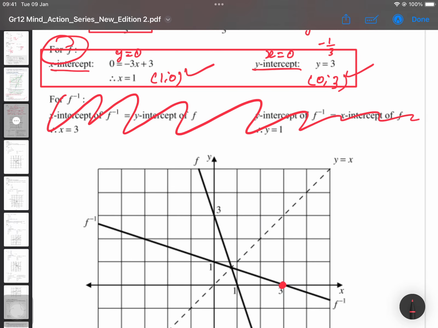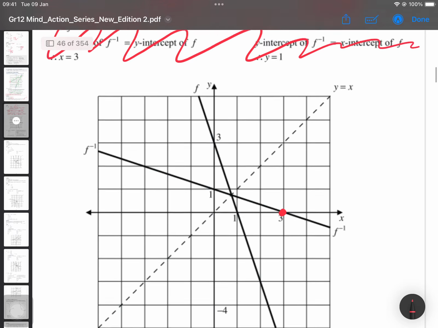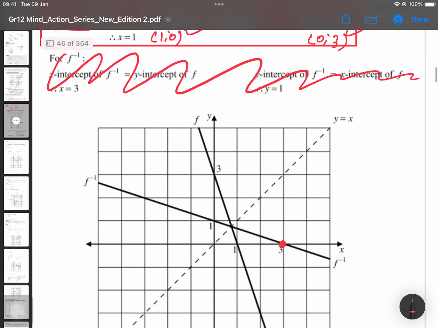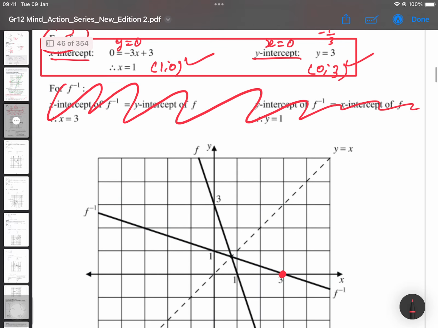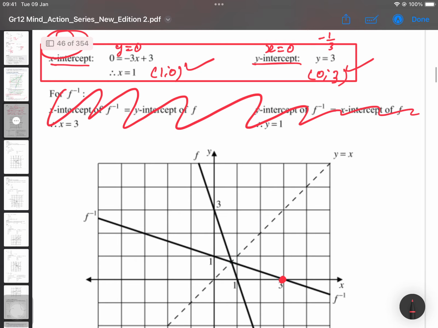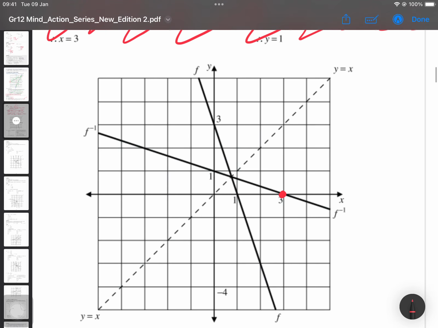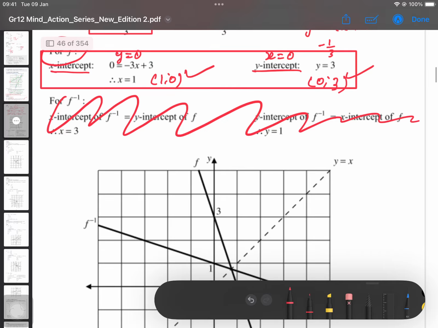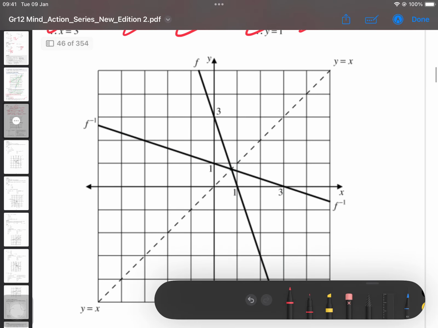Then 1 is to 0, x is 1. I'm making a mistake somewhere. This first point is a mistake, it's not there. So x is 0 and y is 3, so that point is up here.